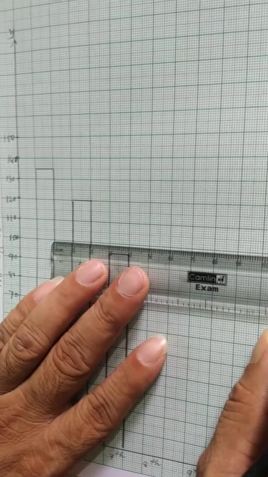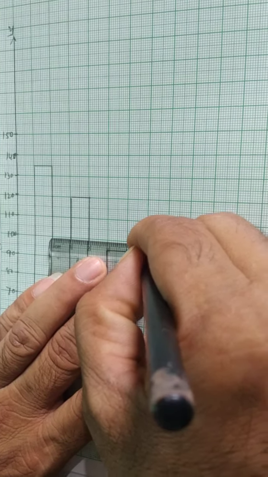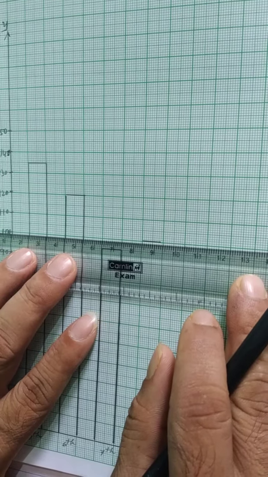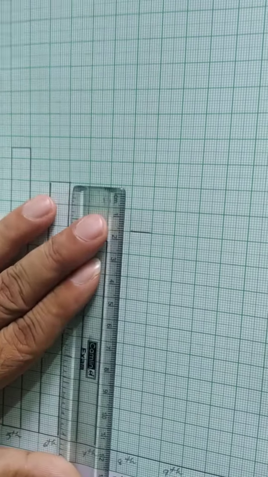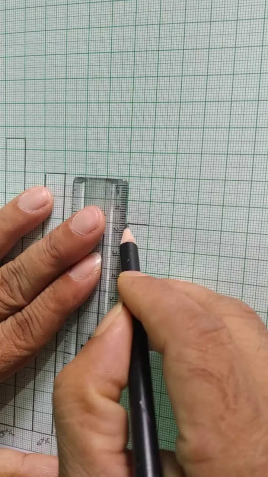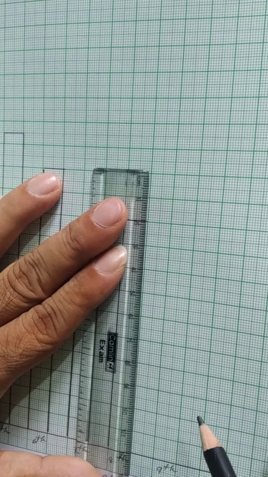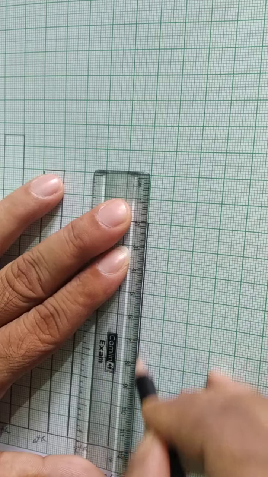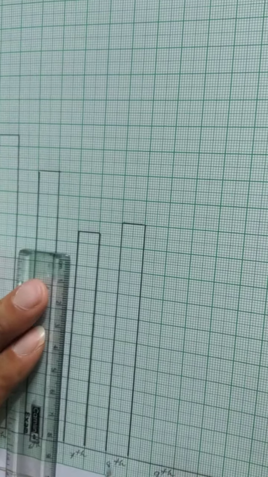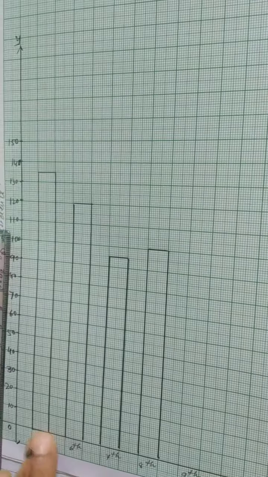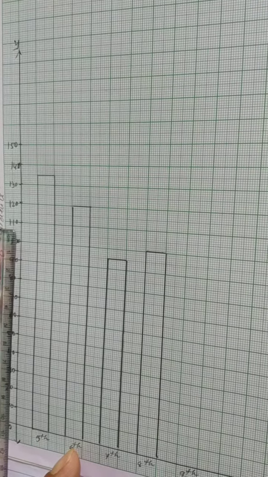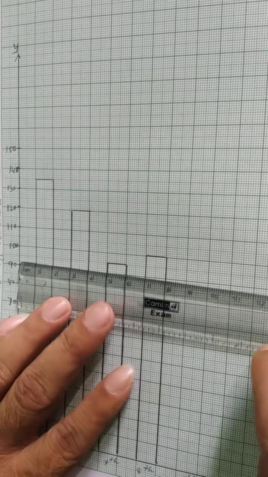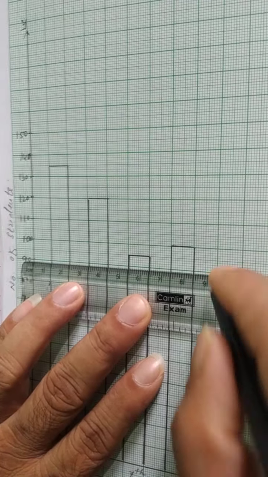Next one, standard 8, 100, exactly 100. See, got it? So whenever you are representing on graph paper, this point you have to keep in mind: keep equal distance between all bars. Understood? Now for the 9th standard, how many? 90. So 90.